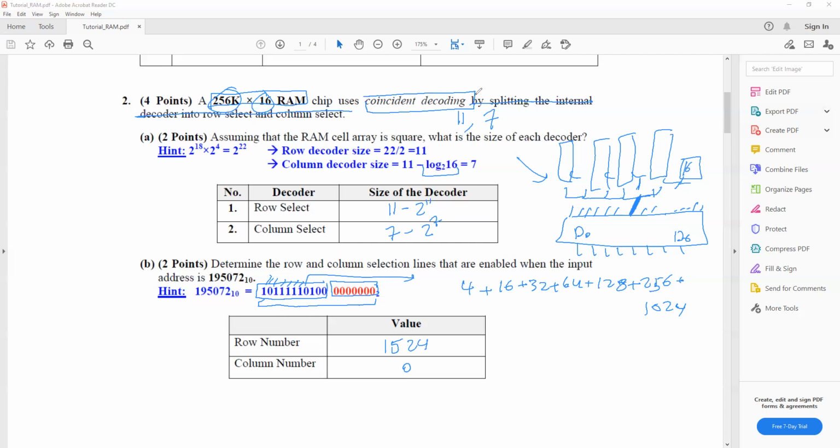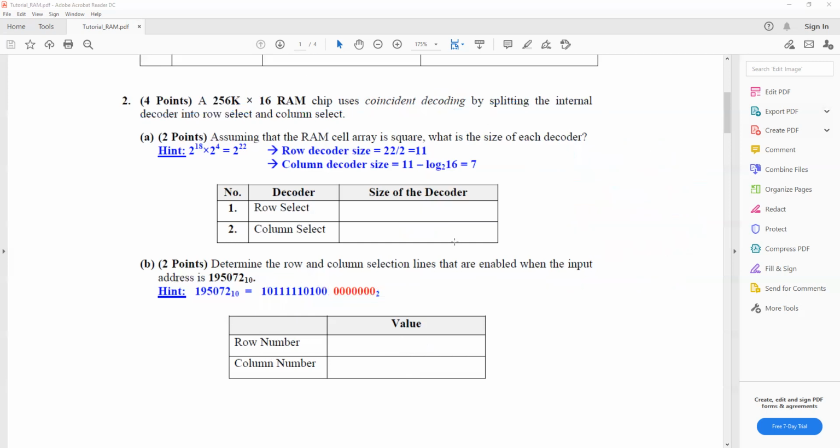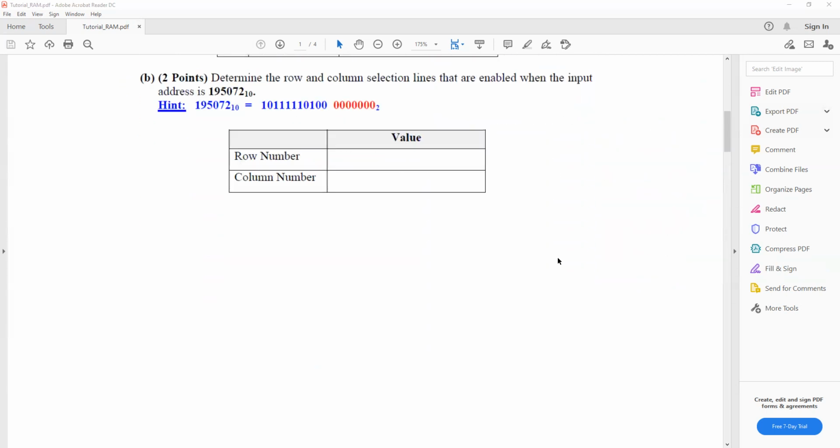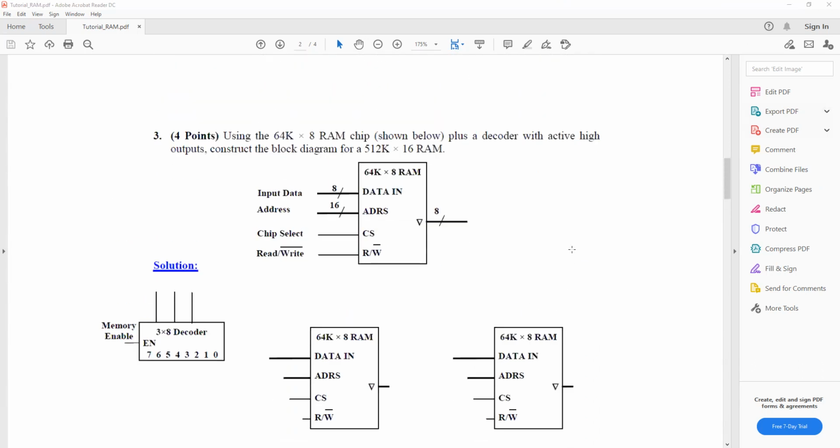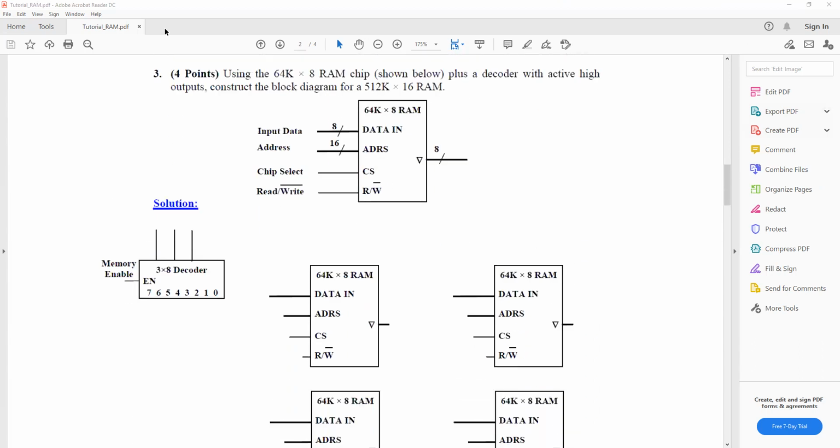You should automatically understand that this memory will have a row select and a column select. If there are any questions, ask before we move to the next question.